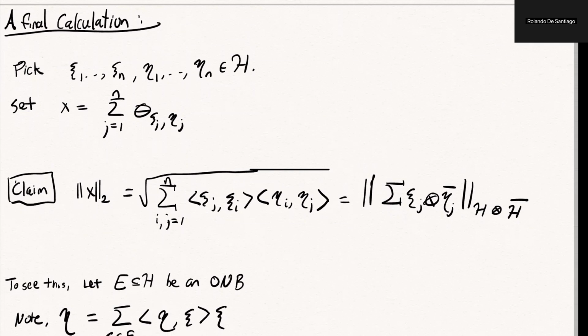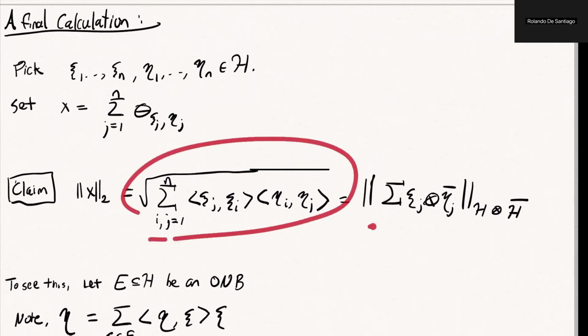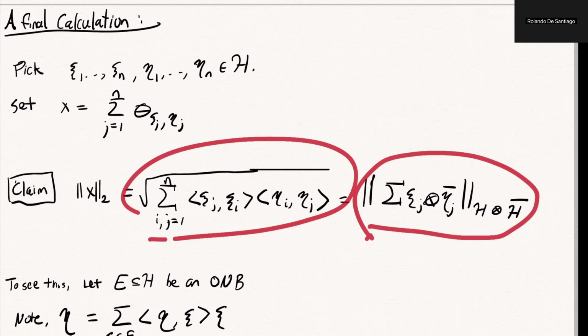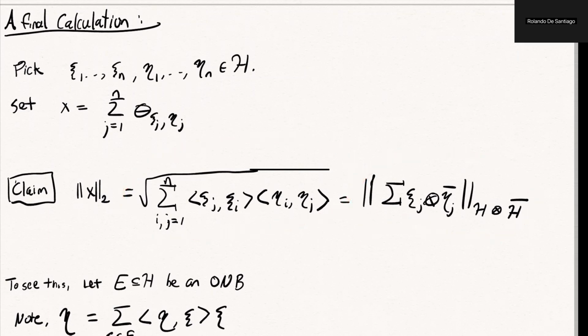My claim is that the 2 norm of this is given by this expression, and this expression can be readily identified with the norm of the vector, the sum of the tensor products of xi_j with eta_j bar, viewed inside of the tensor product of H with its conjugate Hilbert space.